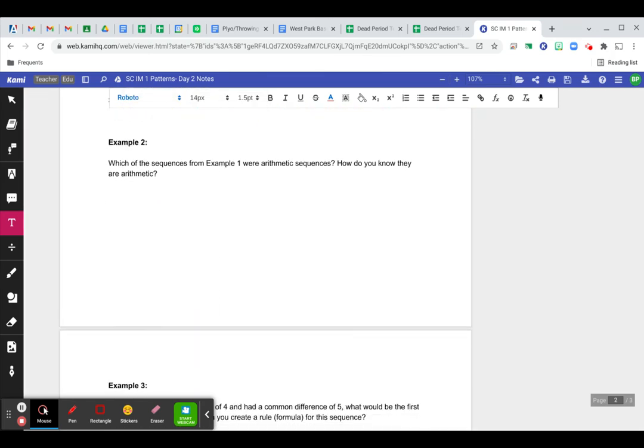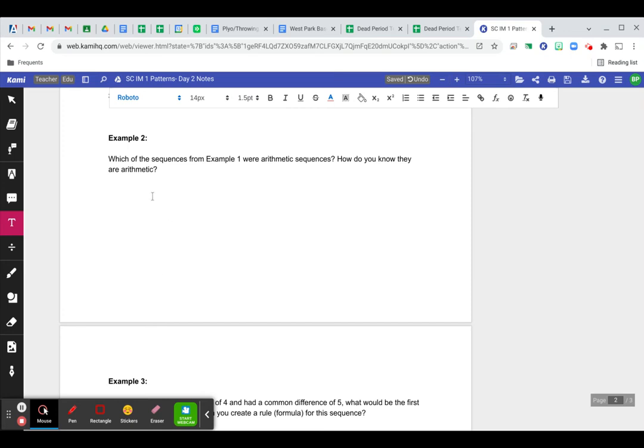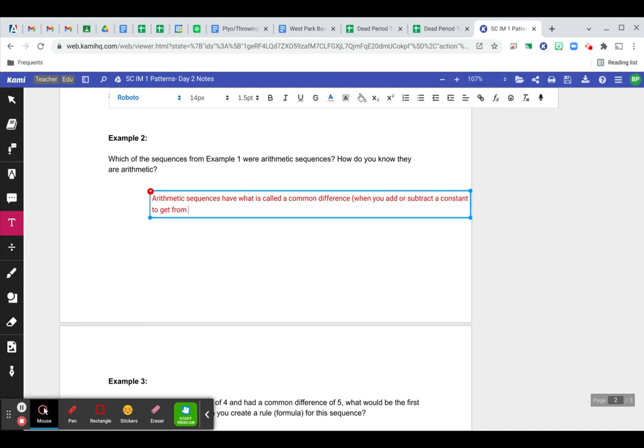All right, so now when we move down to number 2, which of the sequences from example 1 were arithmetic sequences? Well, if you look up the definition, arithmetic sequences have what is called a common difference. Okay, and again, a common difference is when you add or subtract a constant to get from one term to the next.